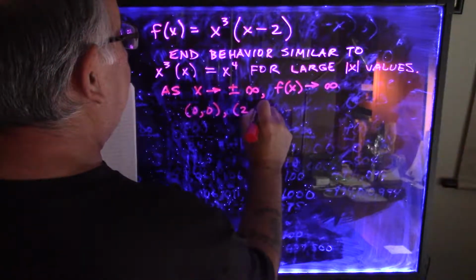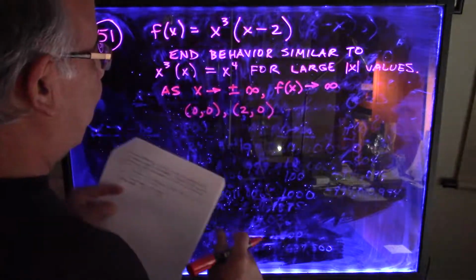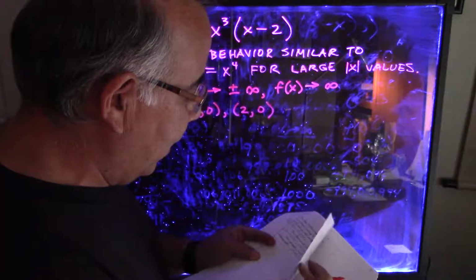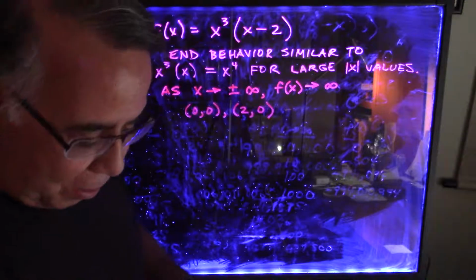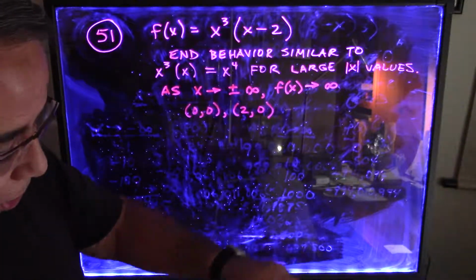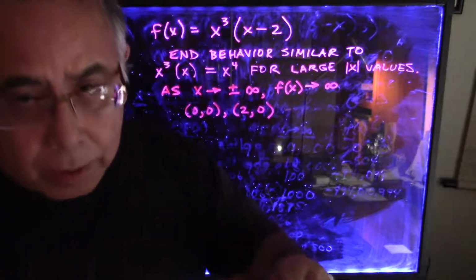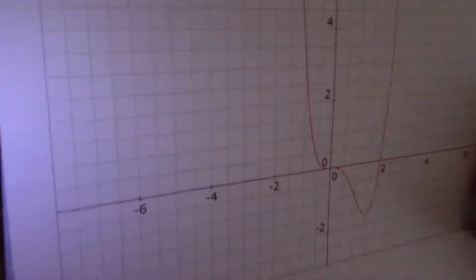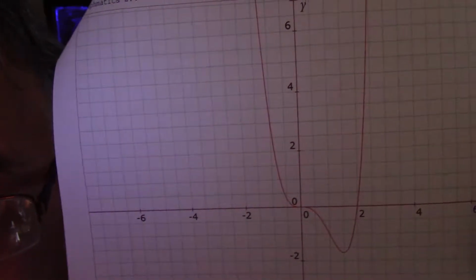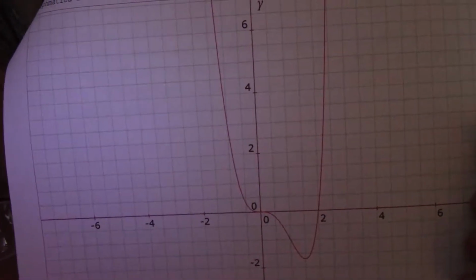I'm putting those down. I got those off of the graph, which is what they instructed us to do, and I'm just putting that there ahead of time. But here's the graph that I drew on my computer. And there you go.